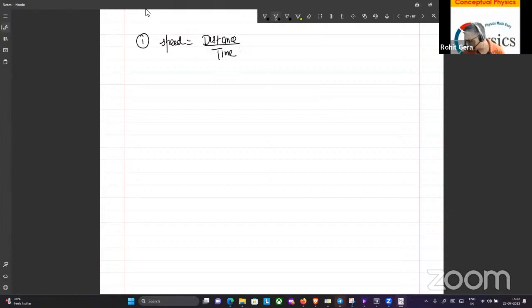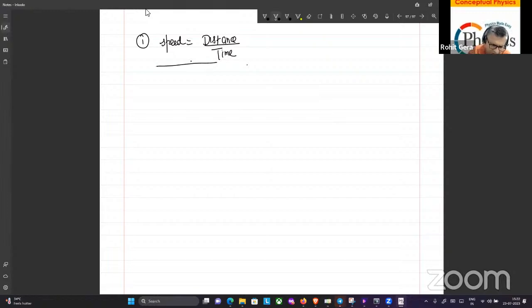All right. Let's talk about different types of speed. One is of course the speed which you have already done. Speed, simplest, is known as distance upon time. Let's talk about other types of speed. You can have different types of motions, and that will decide what type of speed you have.